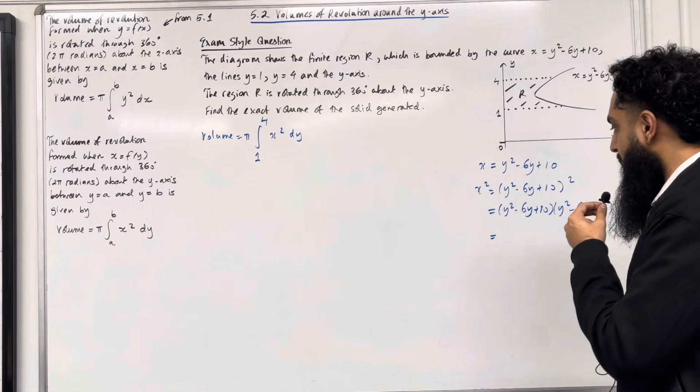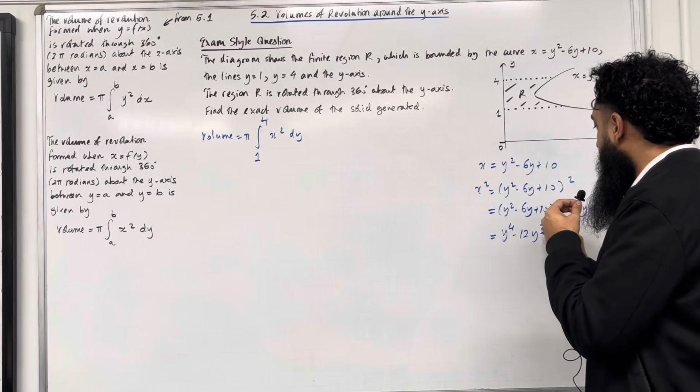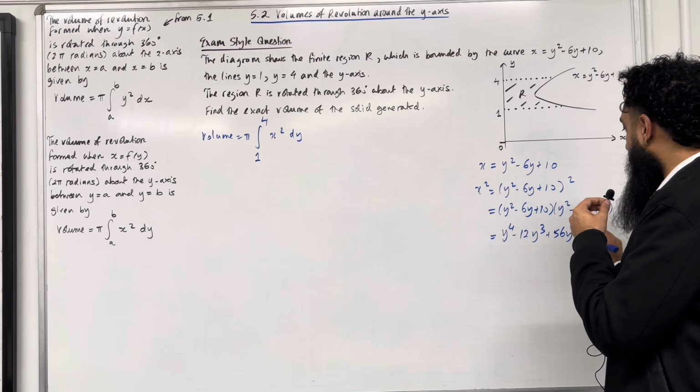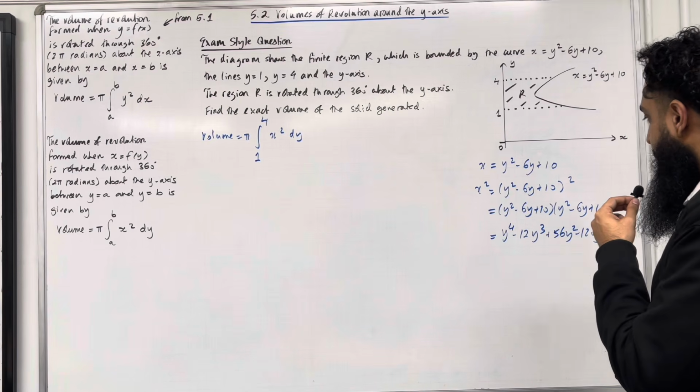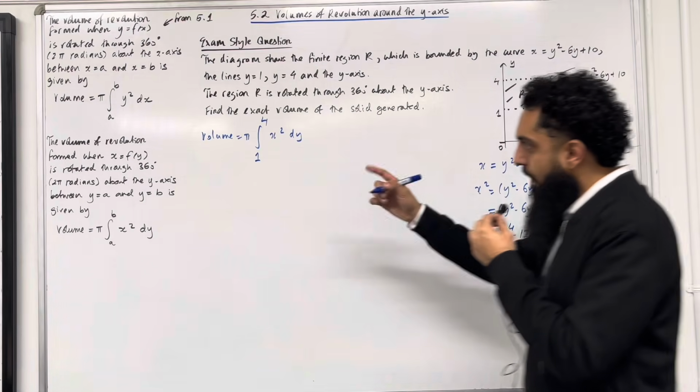If I do this, I get y to the power 4 minus 12y cubed plus 56y squared minus 120y plus 100. Okay, so I can go back over here.